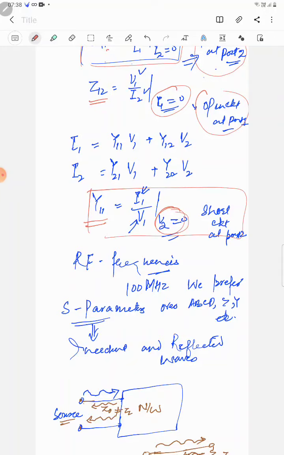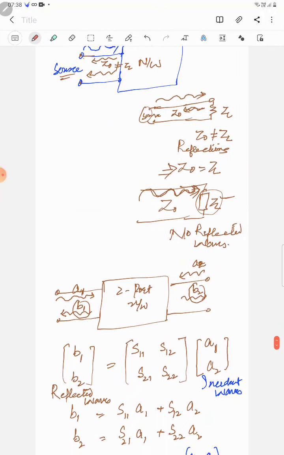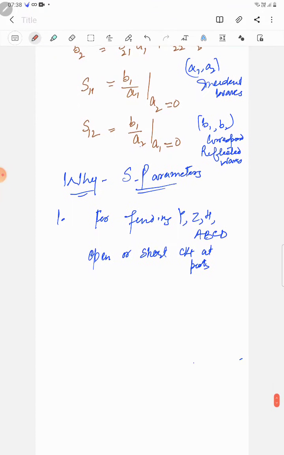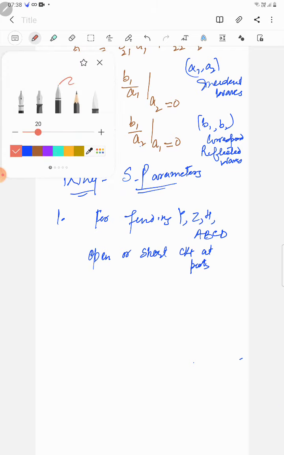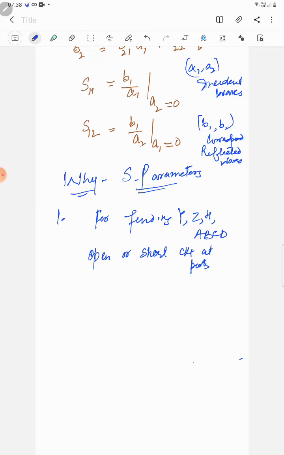So for determining these parameters, Y, Z, or ABCD, whatever, we need to create open or short circuits at the ports. As I said, Z11 is V1 upon I1, I2 is equal to 0. So I2 0 means we need to create an open circuit.